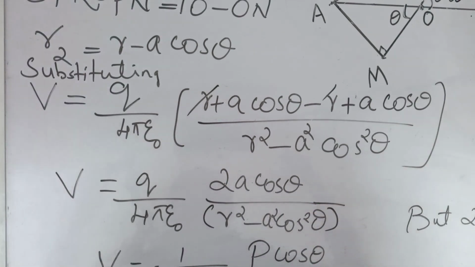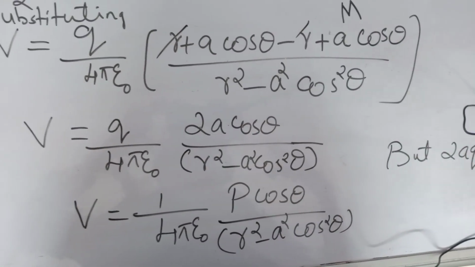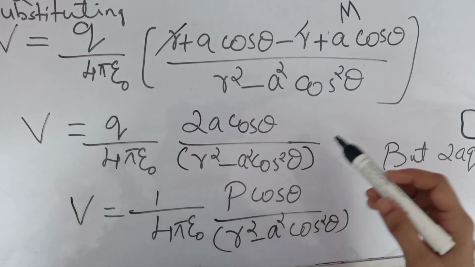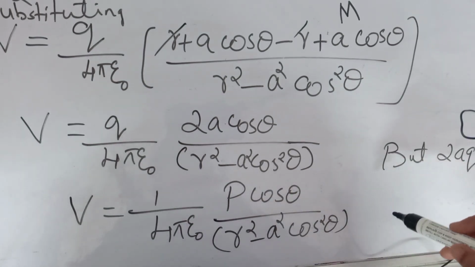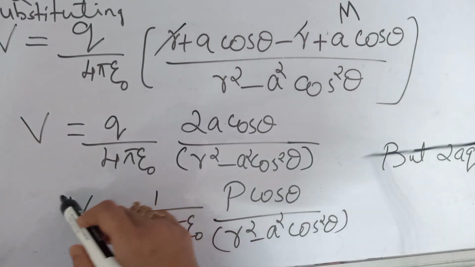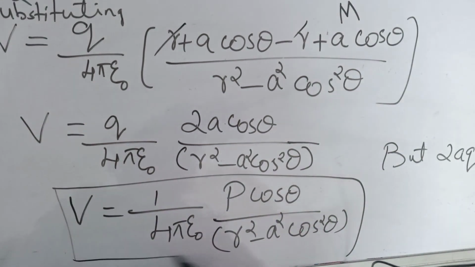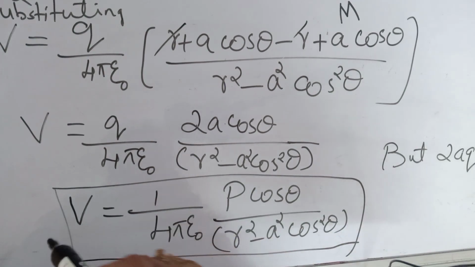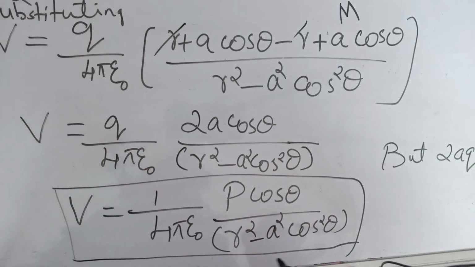So instead of 2AQ we can give P. So the equation will be V is equal to 1 by 4 pi epsilon 0 P cos theta divided by R square minus A square cos square theta. So this is the final equation for finding the electric potential due to an electric dipole. That is V is equal to 1 by 4 pi epsilon 0 P cos theta divided by R square minus A square cos square theta.